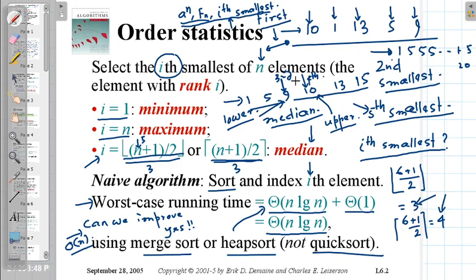So today up to this, and in the next class we will see how we can improve this theta n log n time algorithm and propose an order of n time algorithm, or expected order of n time algorithm.